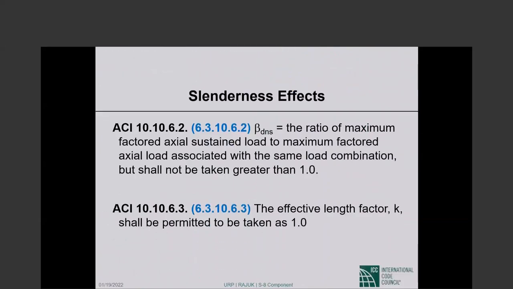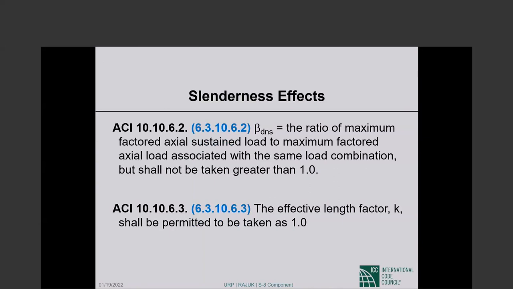The beta sub ds that is used in those stiffness equations is the ratio of maximum factored axial sustained load. We are talking about a column.